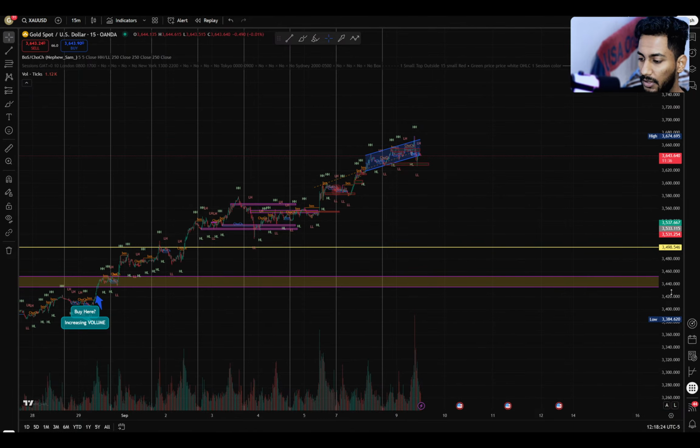And let's take a look at gold. Yesterday, I already marked parallel lines. You can mark it from here, if you guys are using the TradingView platform.